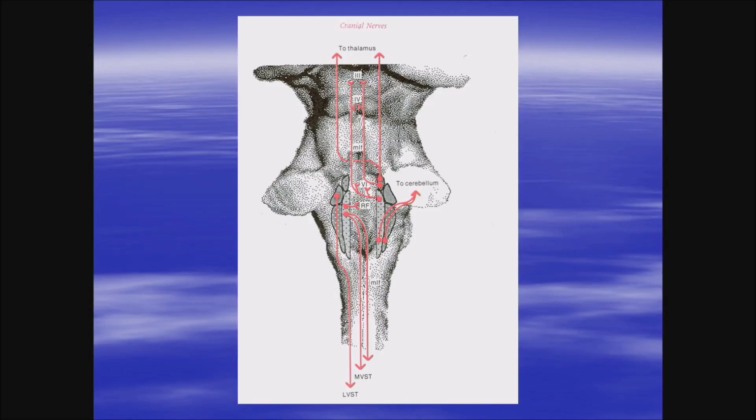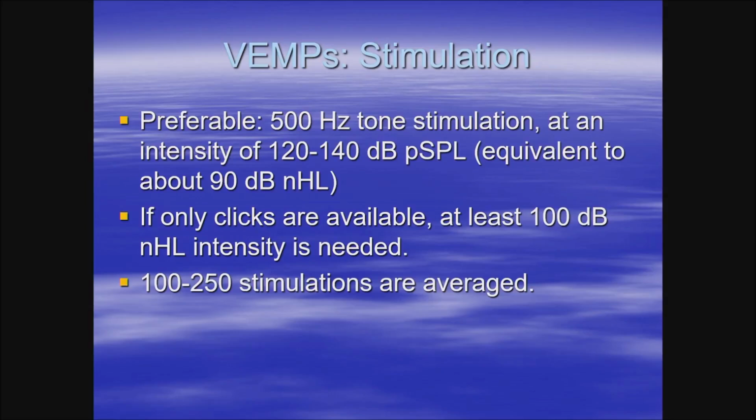And what's important is that the upper cervical spinal cord is also involved in this pathway. And this is important for patients with MS, multiple sclerosis, where it has been shown in the literature that the upper cervical spinal cord is indeed involved to a significant extent in these patients, and the VEMPs can be used to evaluate this part of the spinal cord as well.